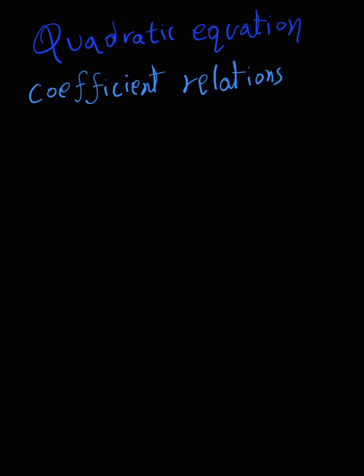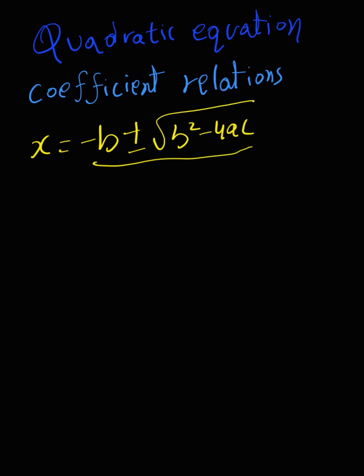Now we will look at some coefficient relations. In the formula x equals minus b plus minus square root of b square minus 4ac upon 2a, which is our quadratic formula, we had looked at how x was found using only the values of the coefficients. Now we will use the same x and find some more relations between them.